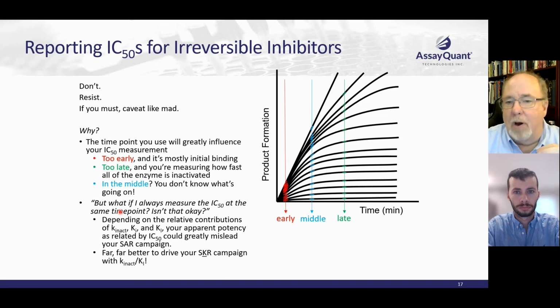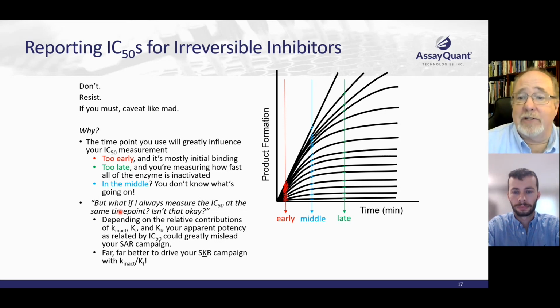Depending upon which of those things are weighing most heavily in the overall schema and where you are in the progress curve, your whole SAR campaign could be greatly misled by that. Really, it's far, far better to use kinact on KI, that inactivation efficiency, to best describe your structure-kinetic relationship campaign.